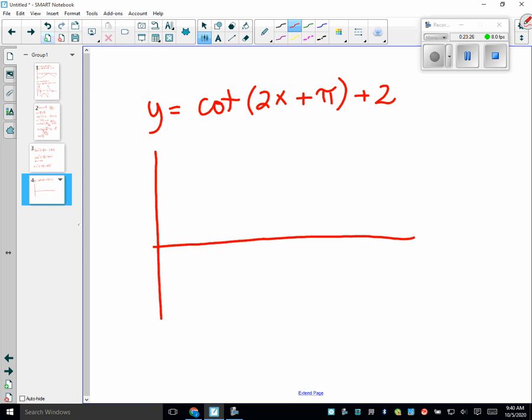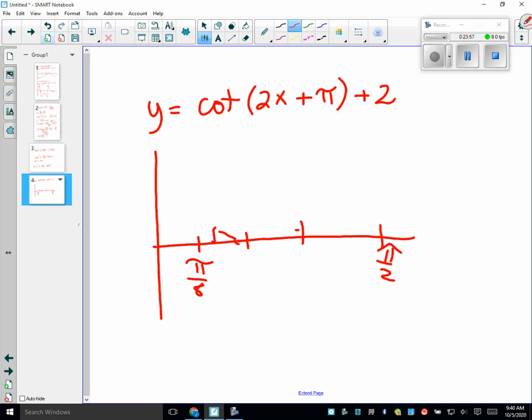How do you find the period on cotangent? Pi over b. This is pi over 8.